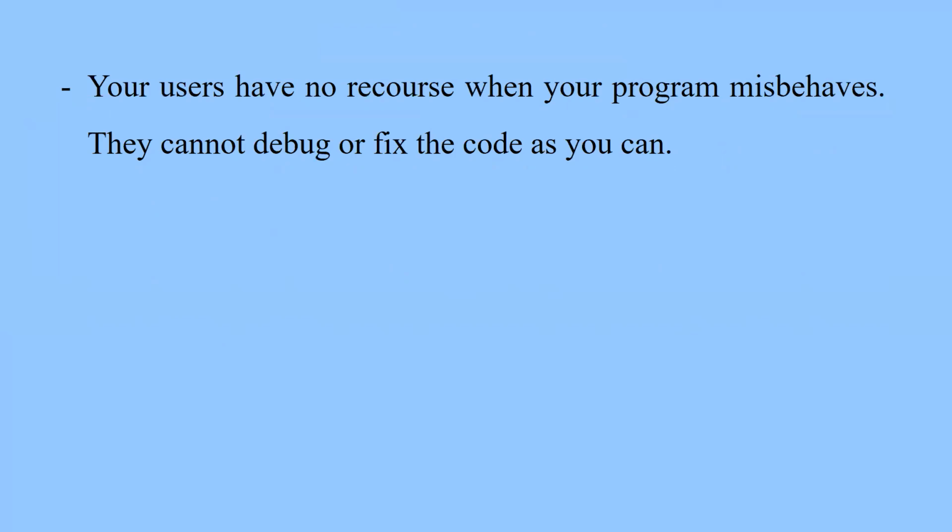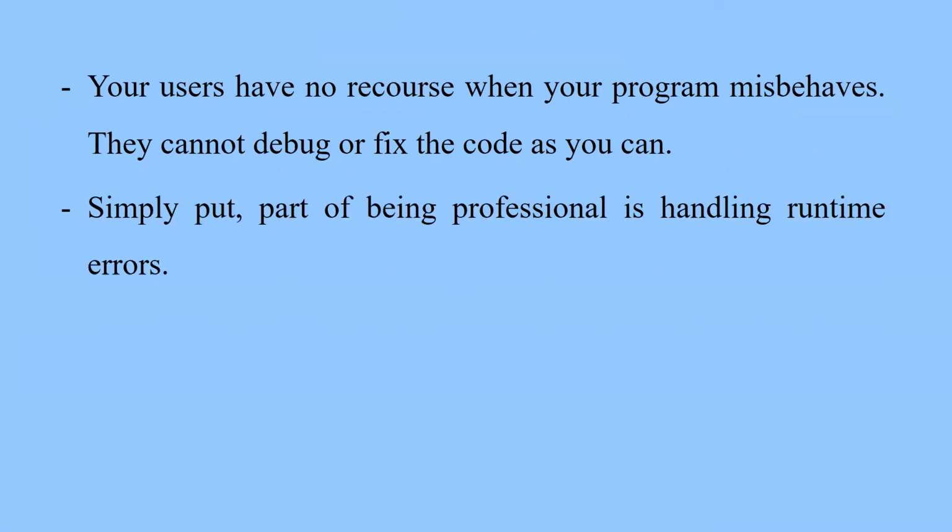They cannot debug or fix the code as you can. For this reason, as part of being professional, ensure that you include error handling procedures within your code. So simply put, part of being professional is handling runtime errors.